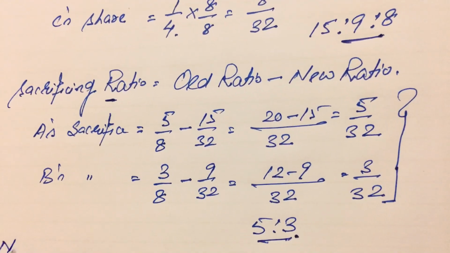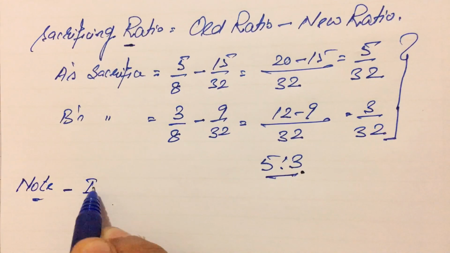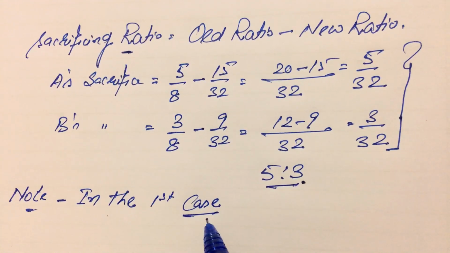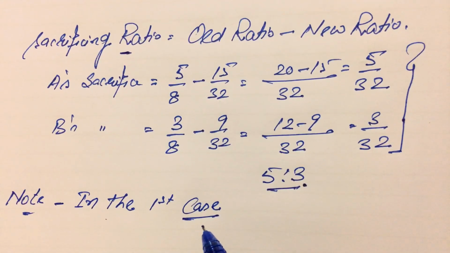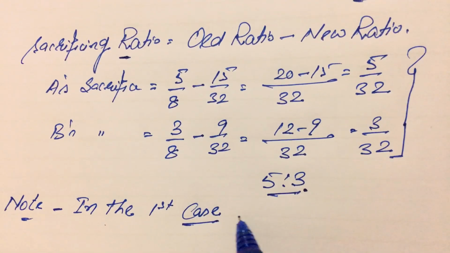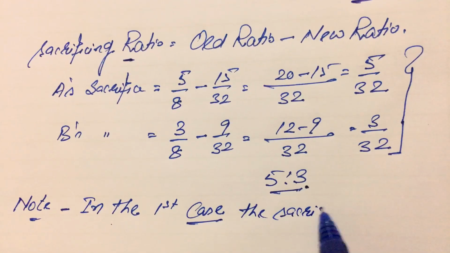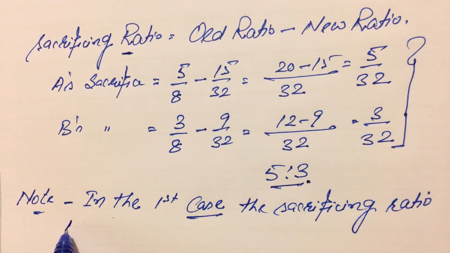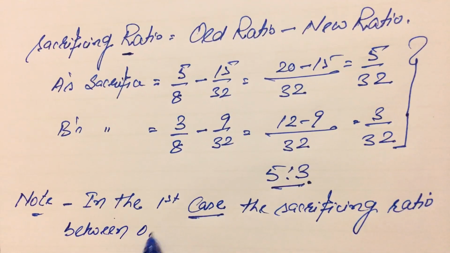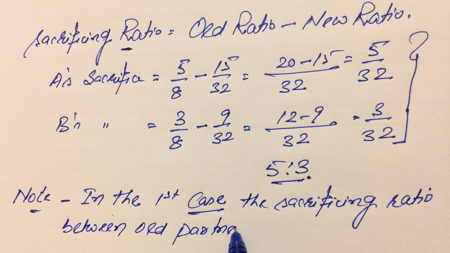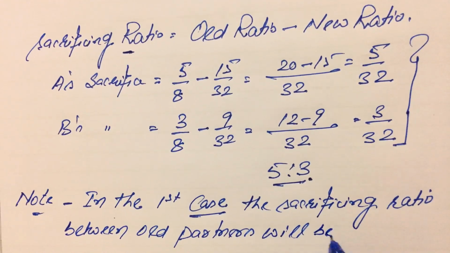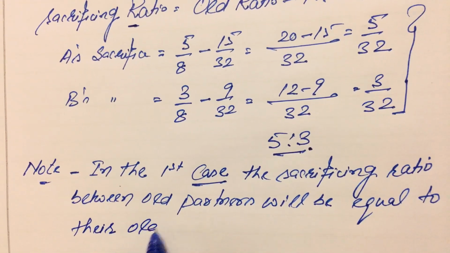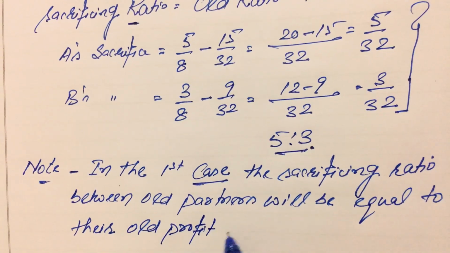It is a very important conclusion that in the first case, and here first case means when we have no information about the new partner except his share, the sacrificing ratio between old partners will be equal to their old profit sharing ratio.